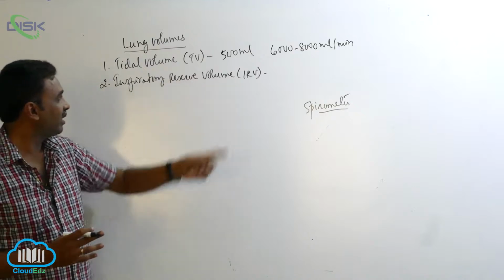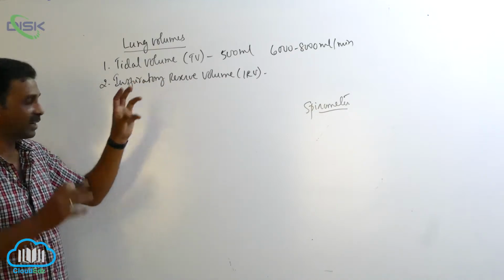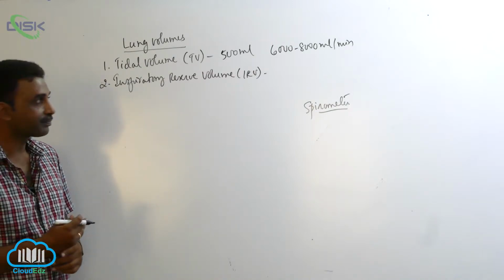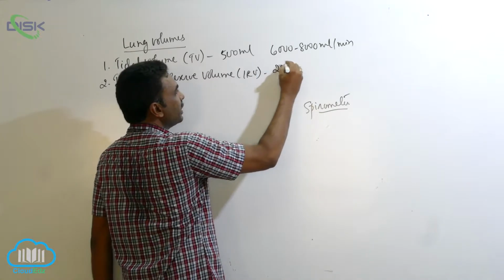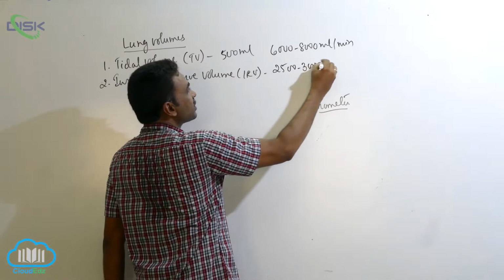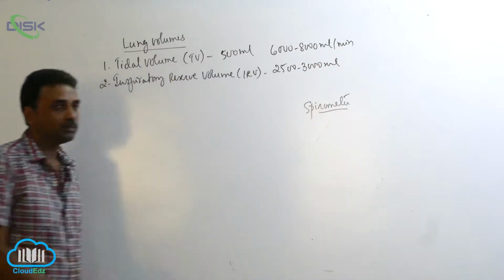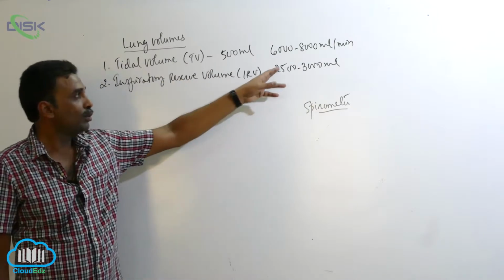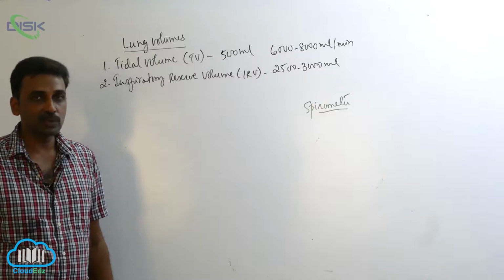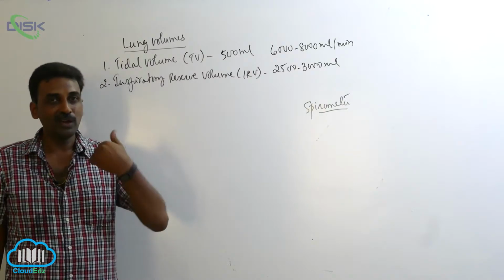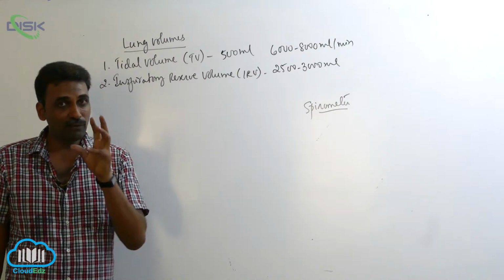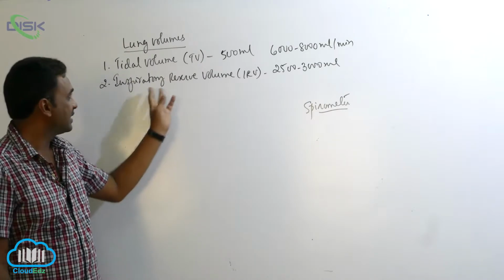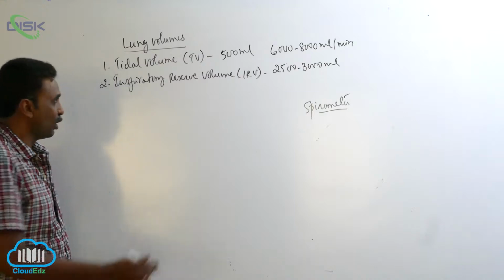That amount is called inspiratory reserve volume. Inspiratory reserve volume is around 2500 to 3000 ml. After quiet inspiration, the amount of air forcefully taken inside is called inspiratory reserve volume.